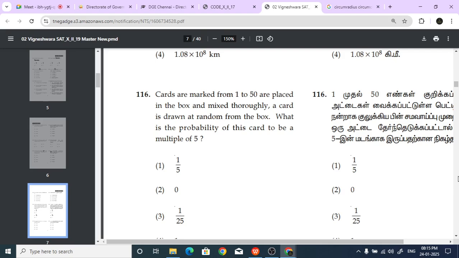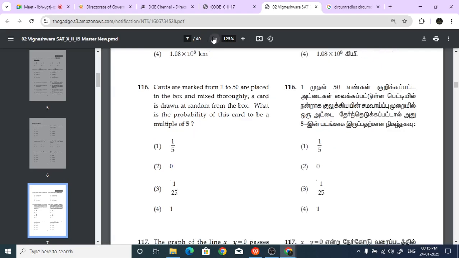How many cards are multiples of 5 from 1 to 50? 10. So there are 10 cards out of 50 cards. 10 by 50 is 1 by 5, which is the answer.